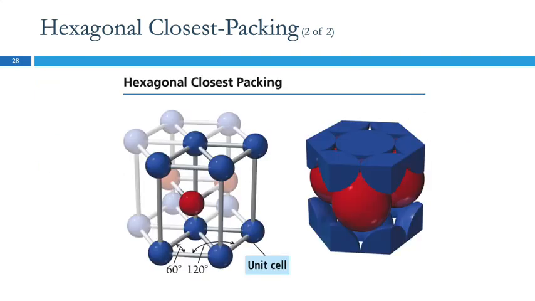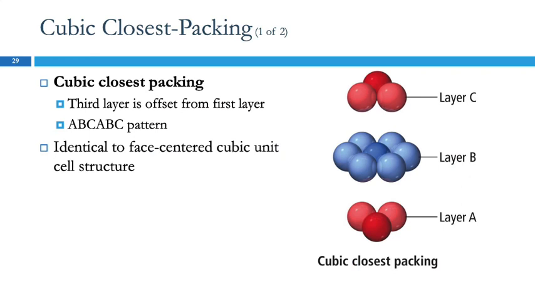So if you take your layers A, B, A, the blue one here is directly above the blue one down there, this would be the unit cell, and it's hexagonal. That's why it's called hexagonal.